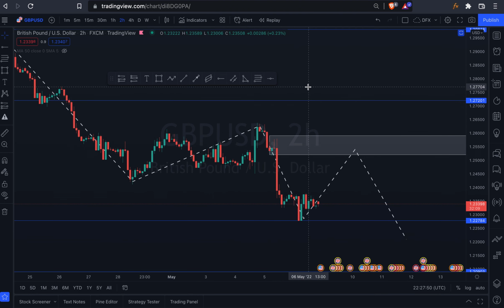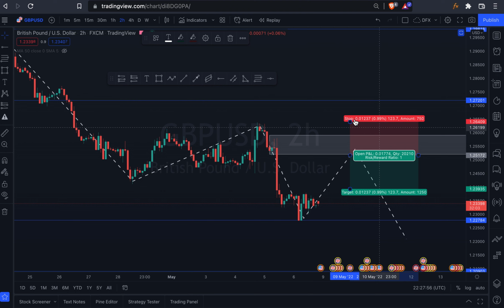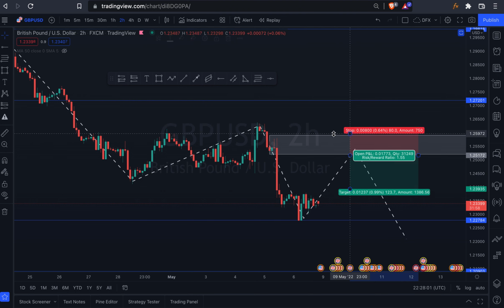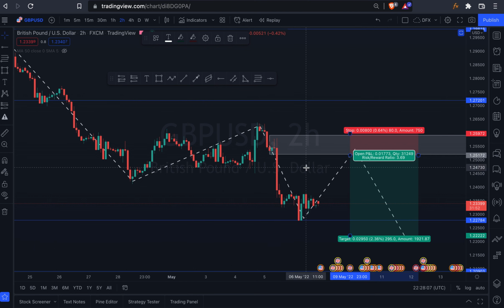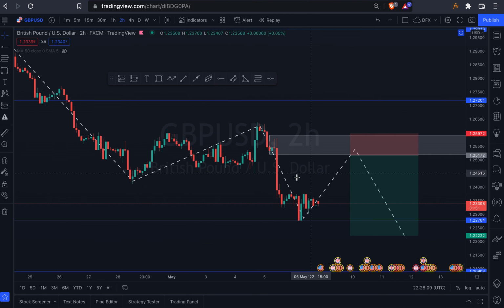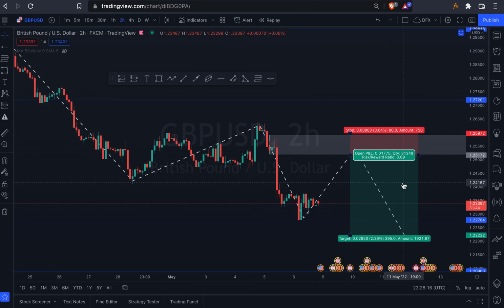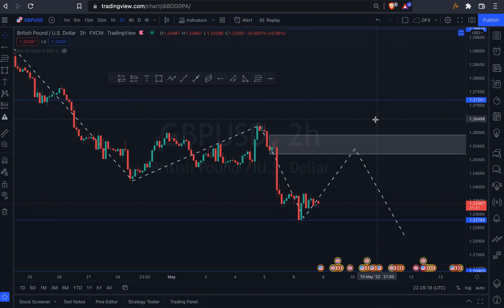Okay, so more of these shorts. Let's consider this. It has a very huge stop loss and pips margin. 8.63 makes a lot of sense. So this is what we are to consider on GBP/USD. Let's just take this off and go to EUR/USD.